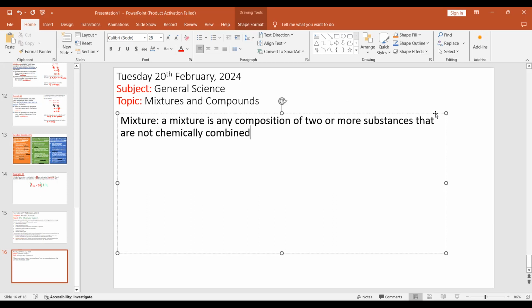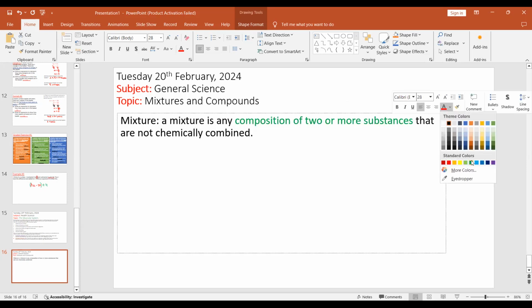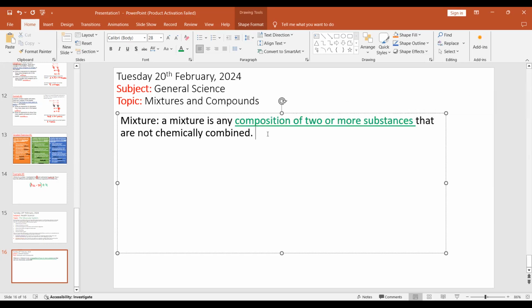So a mixture is a combination or bringing together of 2 or more substances that are not chemically combined. If it's chemically combined, it's not a mixture.